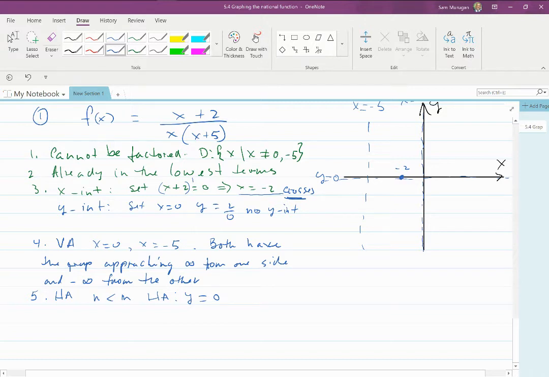So the graph is going to cross the horizontal asymptote at negative 2.